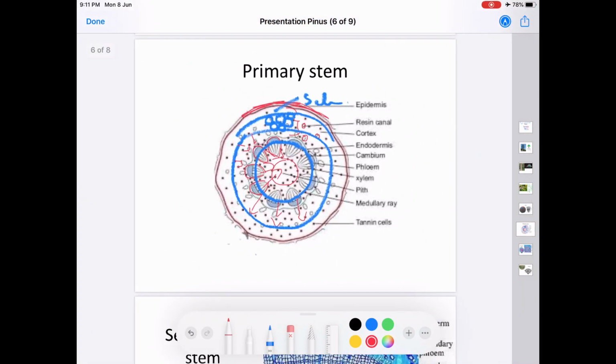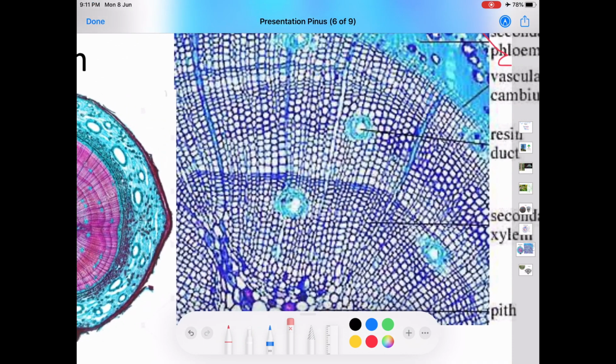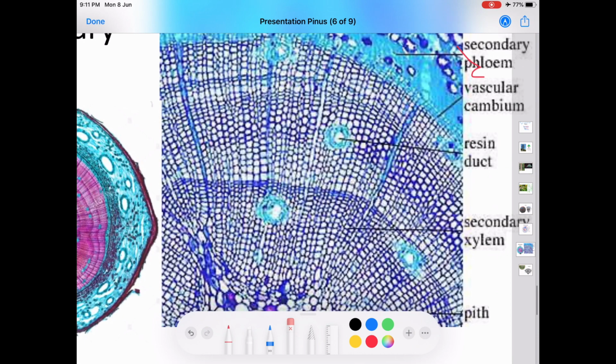Here, in the case of Pinus, the secondary xylem is pycnoxylic. That is, the xylem is compactly arranged. And also, you can see annual rings in xylem. That is, the xylem carries autumn wood and spring wood.